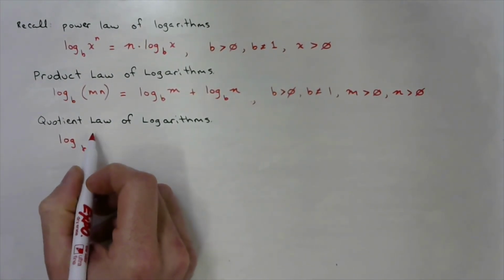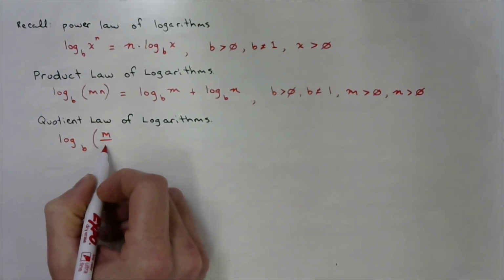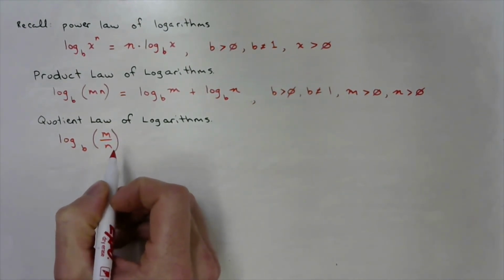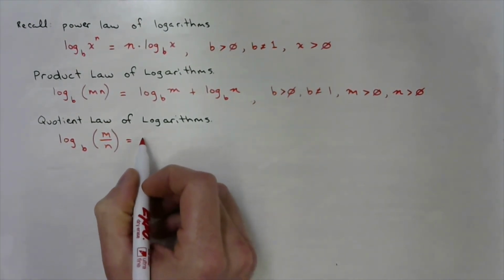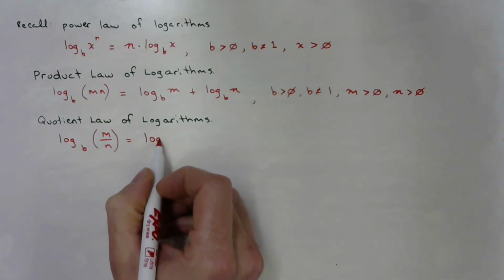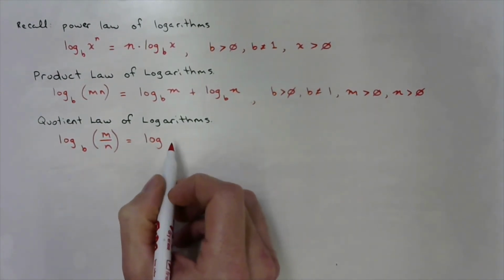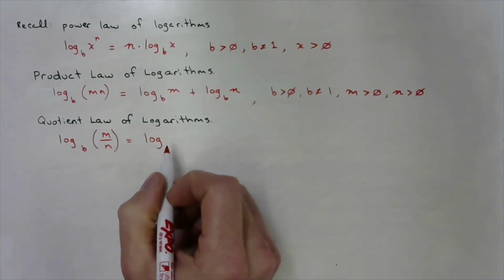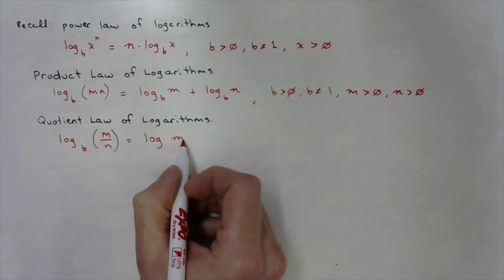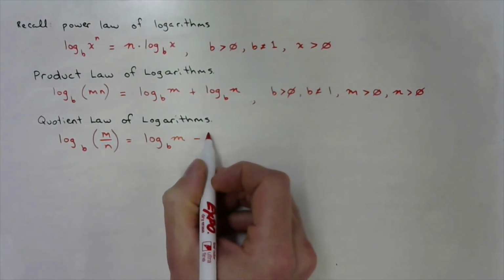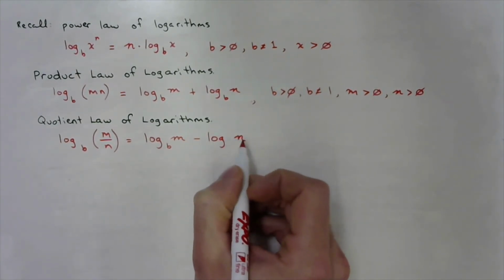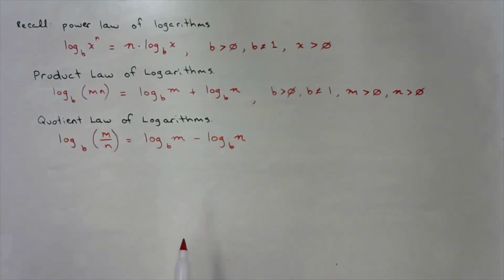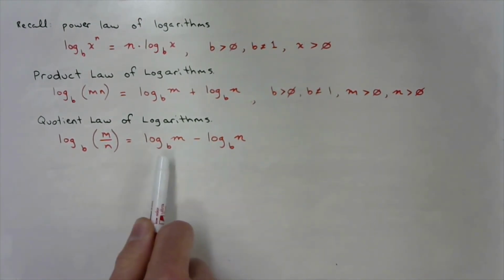Basically, if you can express this number as m over n, then you can replace that with a simpler statement to understand. Or it works vice versa, of course. But this would then be the log of m base b minus the log of n base b. And of course, one of the keys is that you're working with the same base each time.